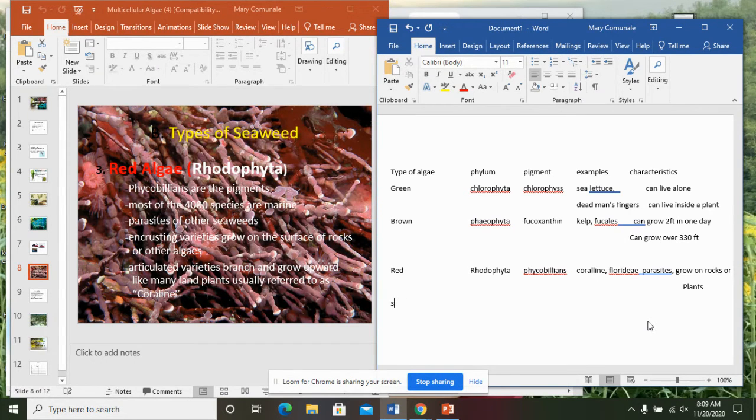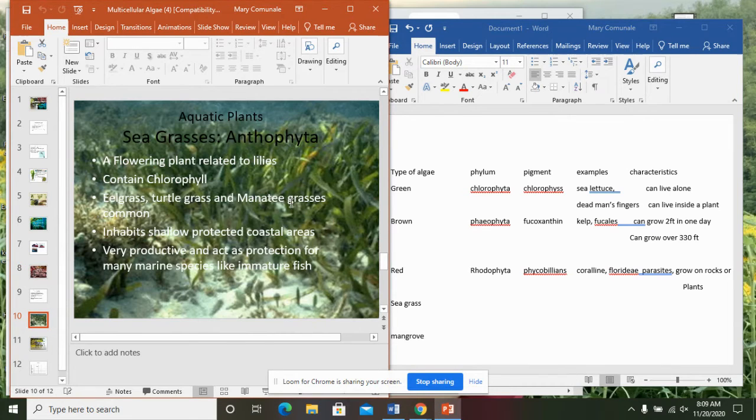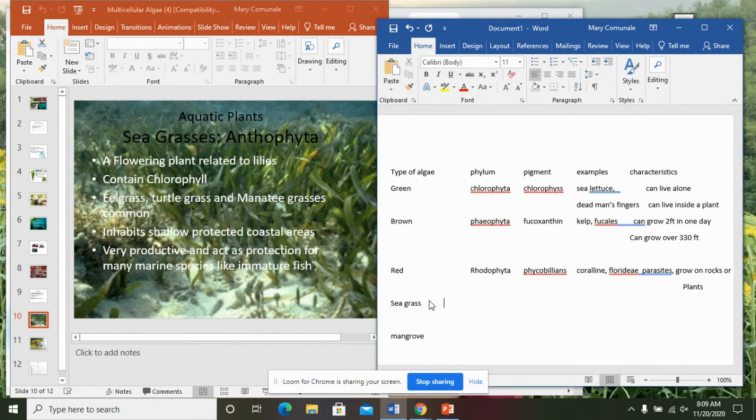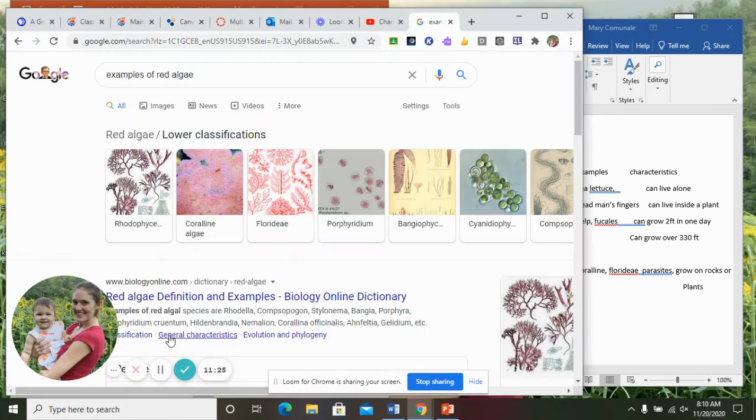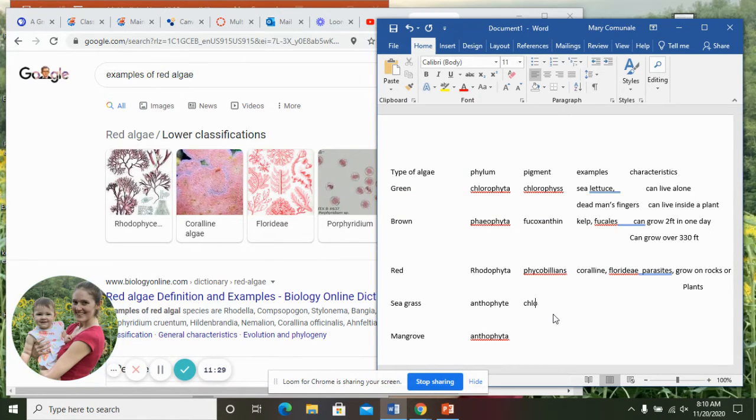Okay, and my next one is going to be the seagrass. And then we just have the mangrove. And these ones both come from the same phylum. Chlorophyll is going to be the main pigment in both.